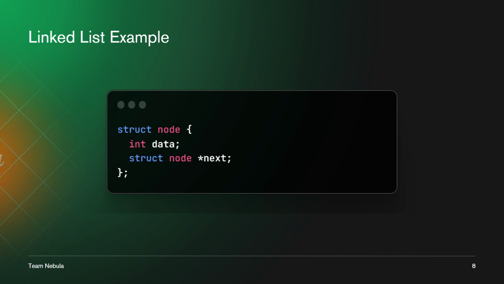If you think of it like a train, the data is the passenger's ticket, and the next is the next station where the train is headed. Remember this structure as we are going to use it in our examples. Alright, so with these concepts in mind, we are ready to dive deeper into linked list operations. So let's continue our journey.